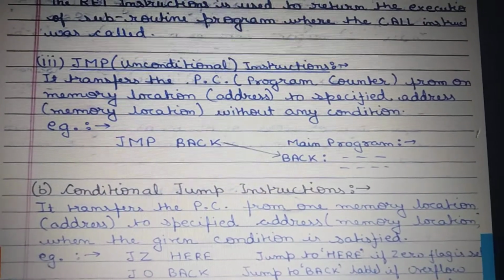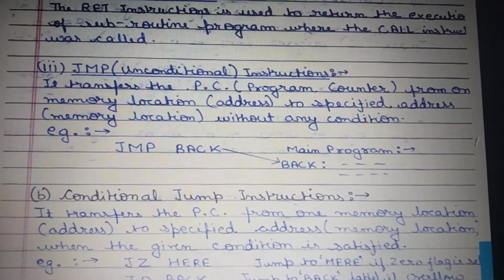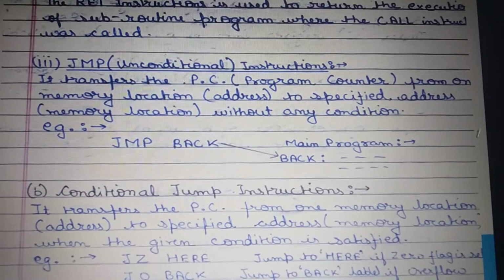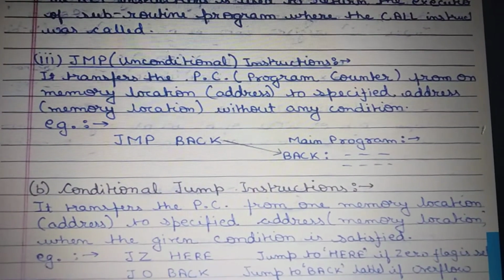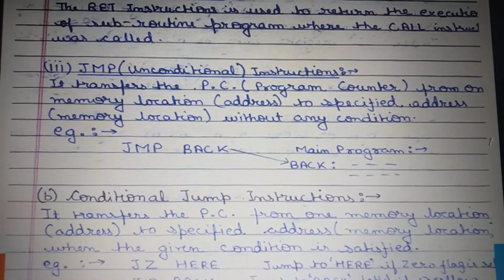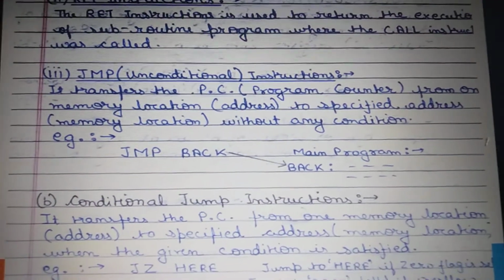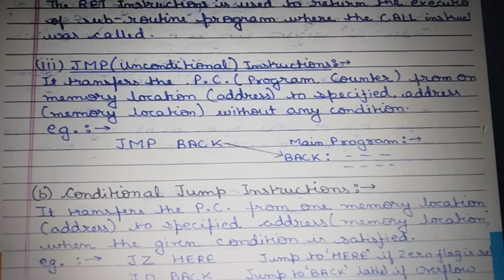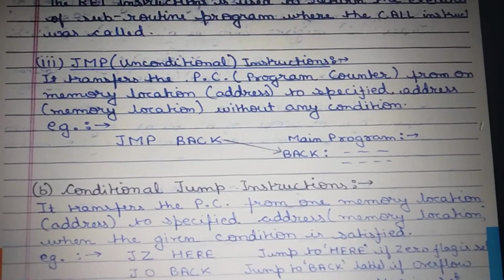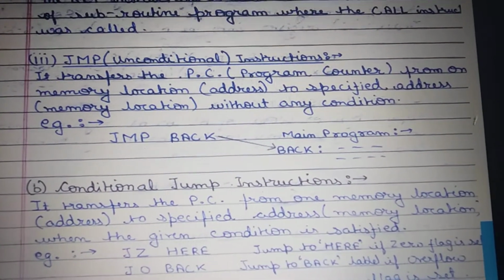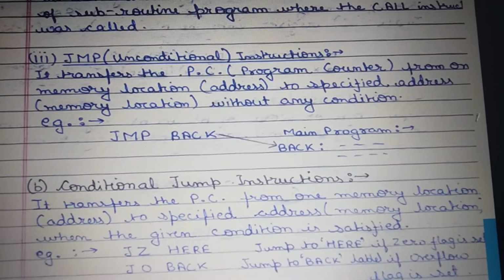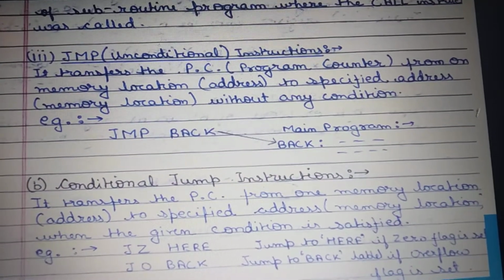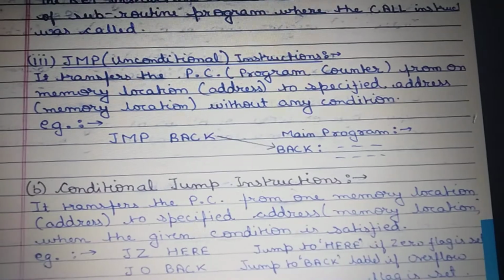In this instruction, we mention the location where we have to jump. But what is the condition? The condition is that if the zero flag is set, then we have to jump to the location here. Or in the second instruction, JO back, what will happen? If the overflow flag is set, then we have to jump to the location represented by back.